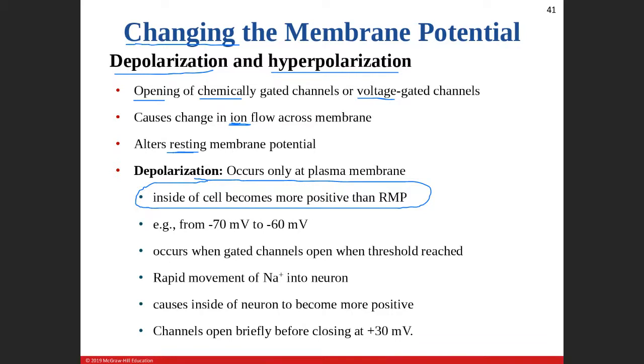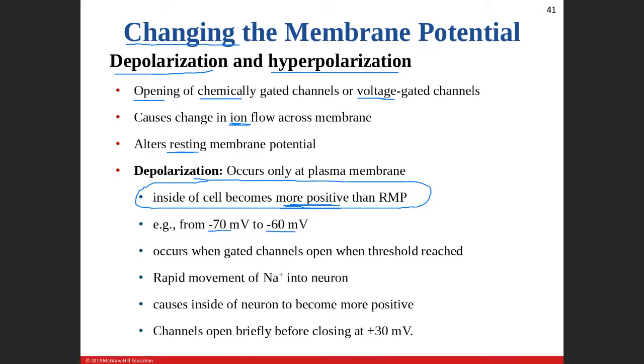Negative 70, negative 60, negative 50, negative 40, negative 30, negative 20, negative 10, 0, plus 10. So going from negative 70 to negative 60, I'm becoming more positive, or less negative. Either way, I'm going to stick with the definition that the book uses, more positive, like this example, going from -70 to -60.